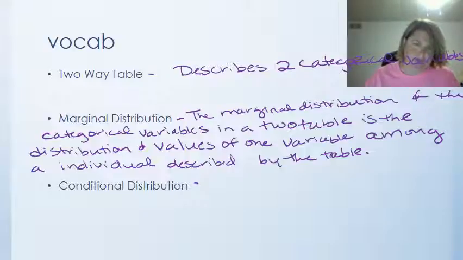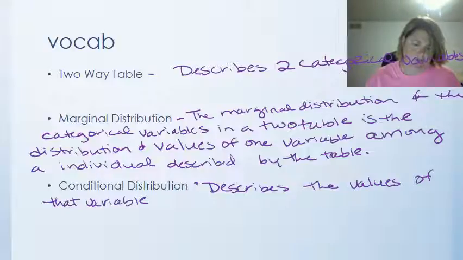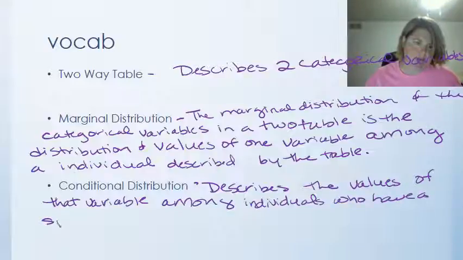So don't worry. Conditional distribution describes the values of that variable among individuals who have a specific value of another variable.